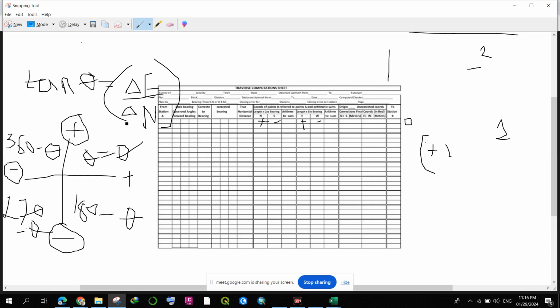Remember, you reference the north-south first. Don't go and say easting is positive and this is negative. No. You reference from the north-south plane. Do I have negative on my north? Or do I have negative first and positive follows? So if this is negative, you reference from the south to either the east or west.